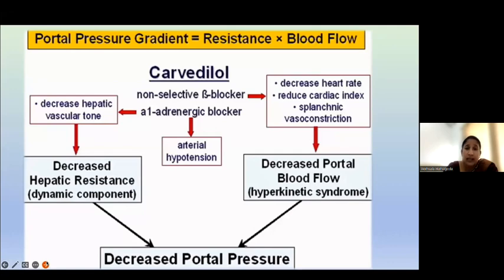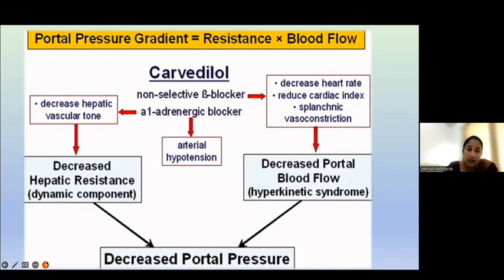It decreases the hepatic resistance, which ultimately decreases the portal pressures, and it can act on the splanchnic vasodilatation. It causes splanchnic vasoconstriction, causing reduced portal blood flow, ultimately reducing the portal pressures. So that is the postulated theory behind carvedilol.